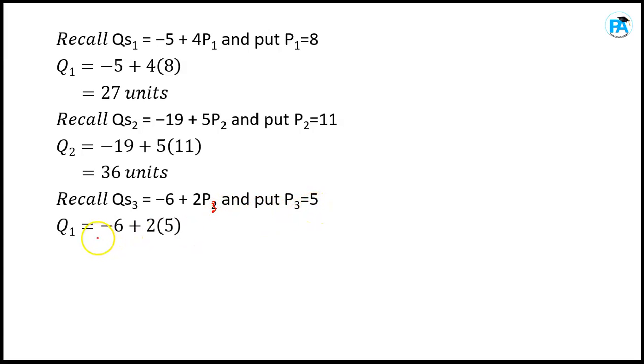So when I substitute, this will be Q3, not Q1. So the equilibrium quantity of commodity 3 is negative 6 plus 2 times 5. You know, P3 is 5. So 2 times 5 is 10, plus negative 6 gives you 4 units. So these are the equilibrium quantities.